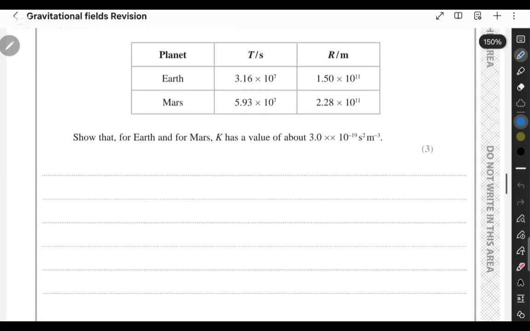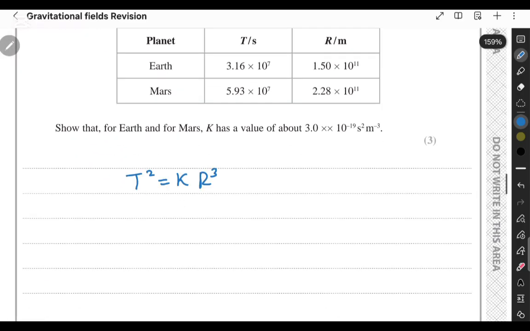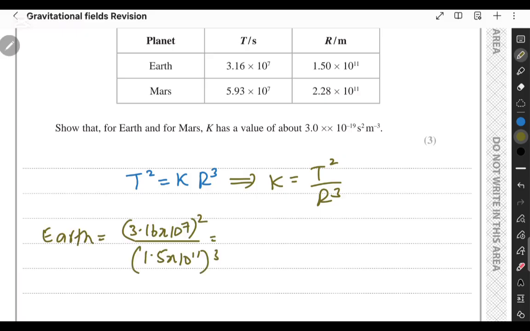So all you have to do is, T squared is equal to k r cubed, and if I want to find the value of k, I'm going to be doing k is equal to T squared over r cubed. So I'm going to plug in the values there, and I'm going to see my answer.